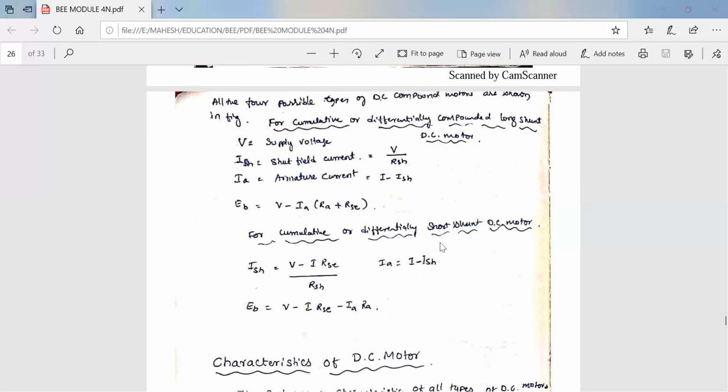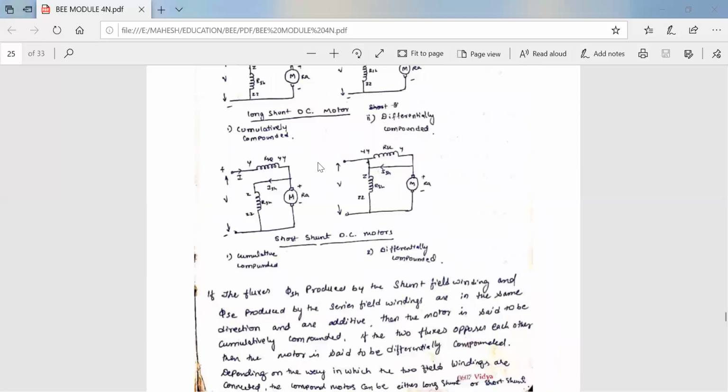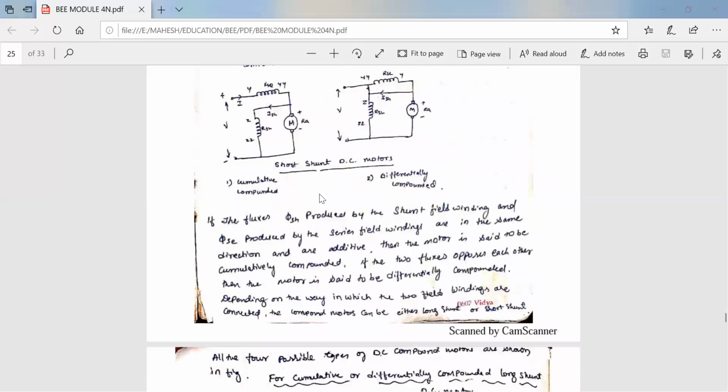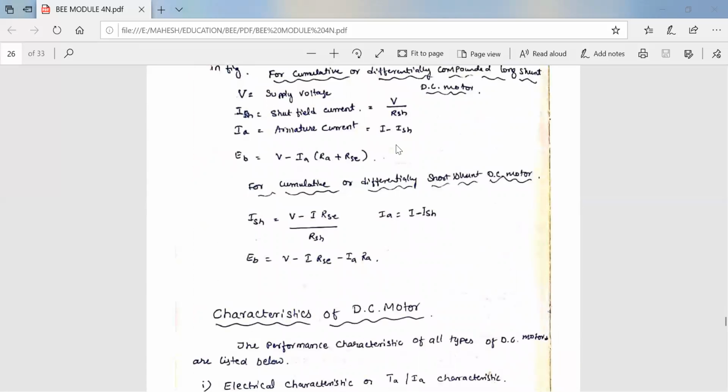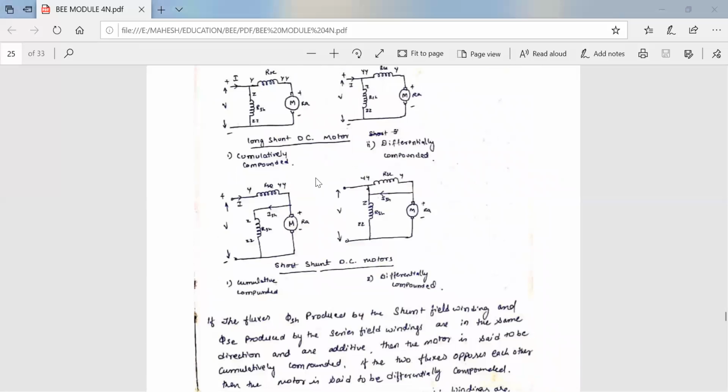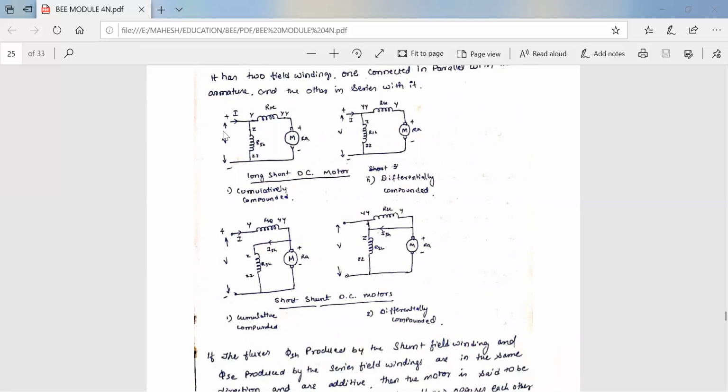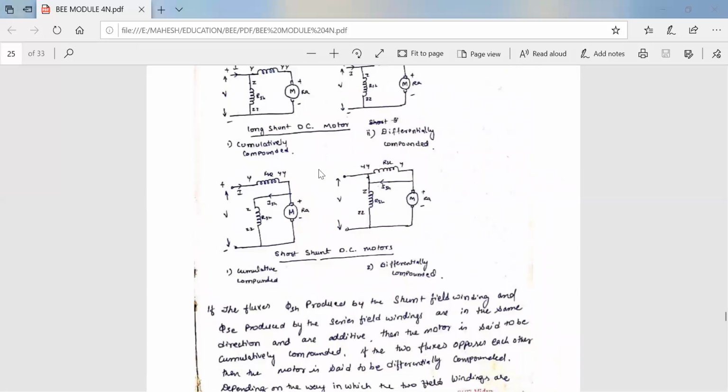For long shunt, Eb equals V minus Ia into (Ra plus Rsc), and Ish is given by V by Rsh, as the shunt winding is completely parallel with the armature and the series field winding. Armature current is given by I minus Ish, where I is the main line current. So Ia equals I minus Ish.